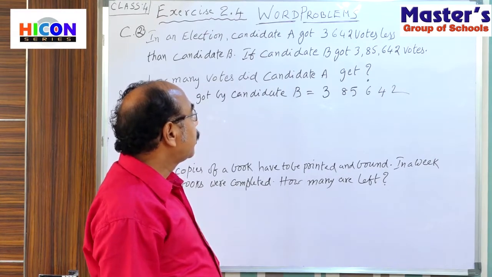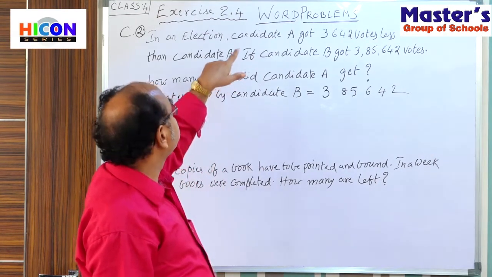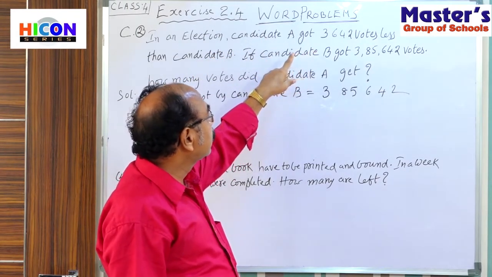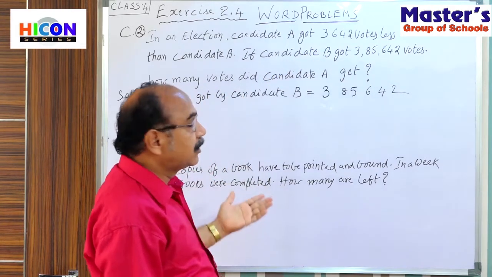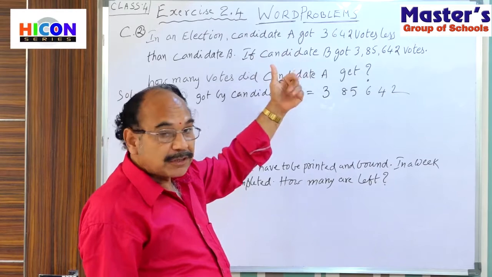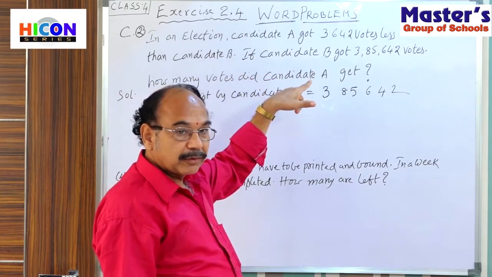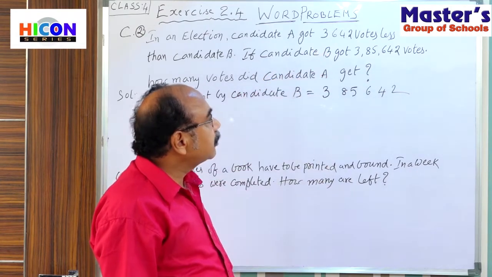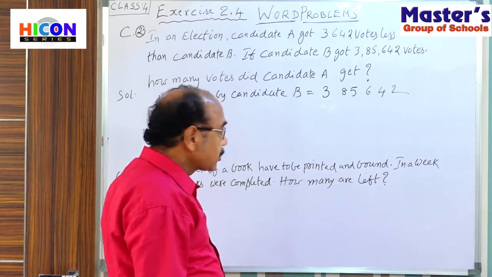Now come to A. About A, what is mentioned in the problem? Candidate A got 3,642 votes less, that much of votes less he got than candidate B. So, less number of votes, so how many he got? 3,642 votes less.